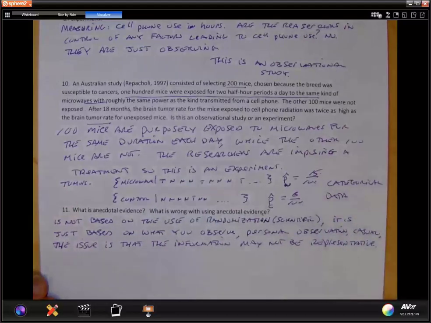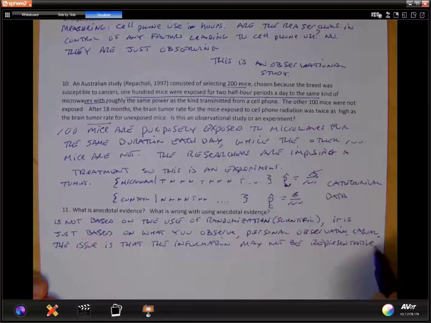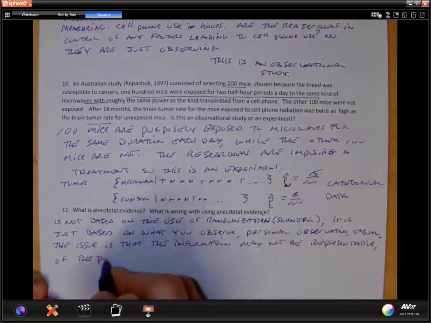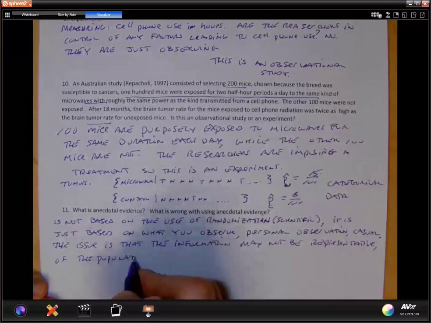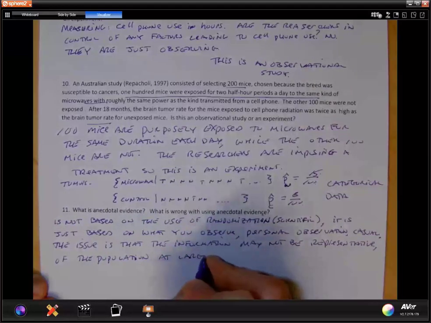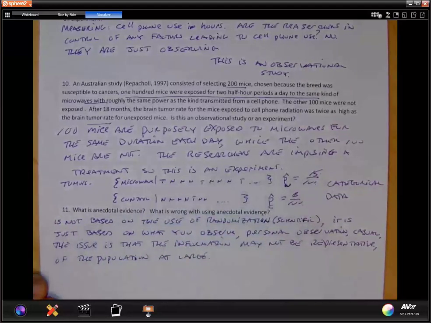Okay, so you may arrive at the wrong conclusion. Representative of what? Of the population at large. It doesn't mean that what you're seeing is not true. It's just that proportionally it may be incorrect, right?